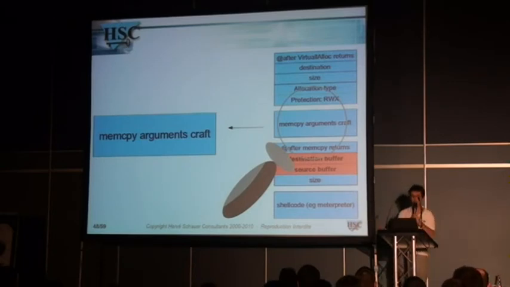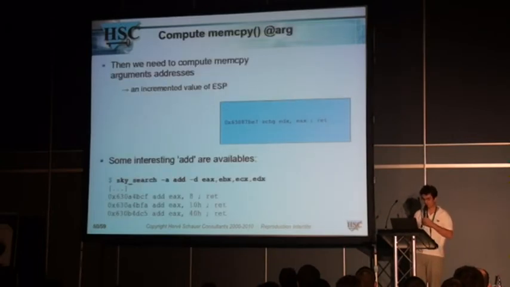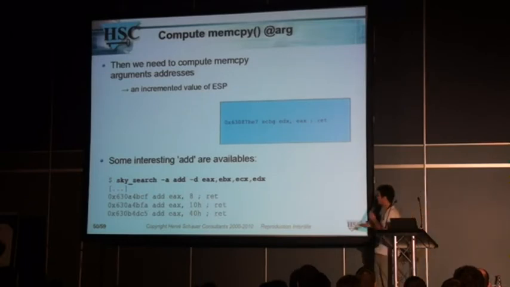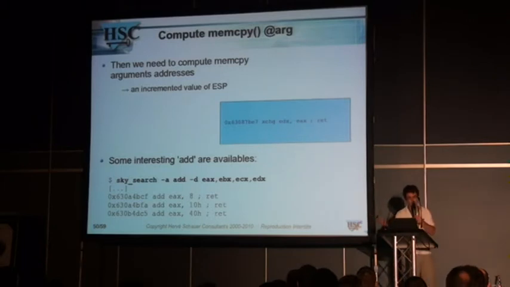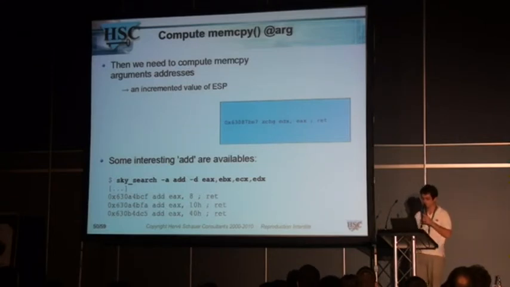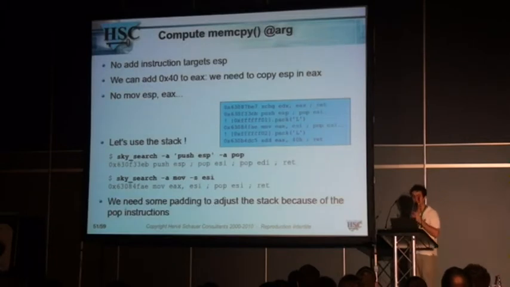So we need ESP plus many bytes in order to get here. So we can search for interesting add instructions, and we will mostly find add which occurs on EAX. Okay, so that's good. We will use this value, but for this we need to push ESP into EAX.